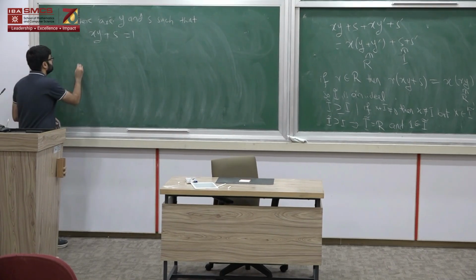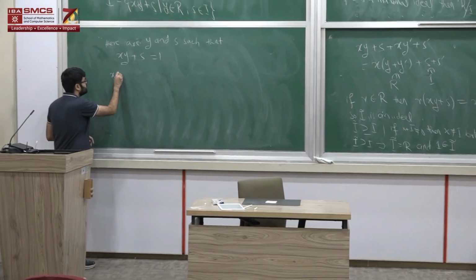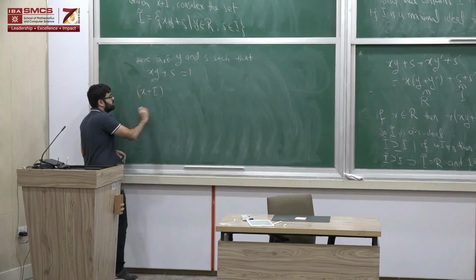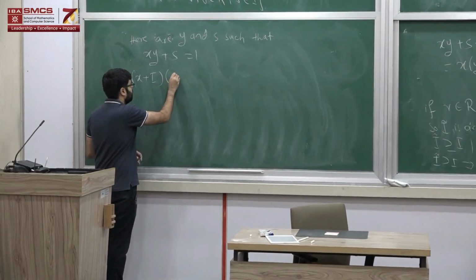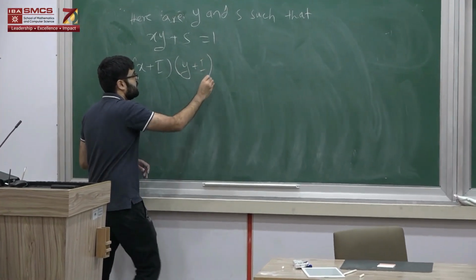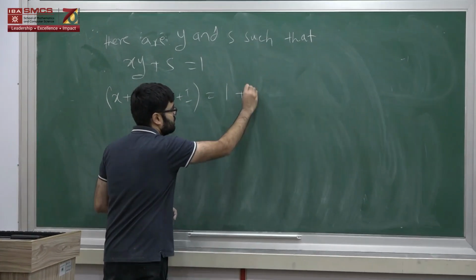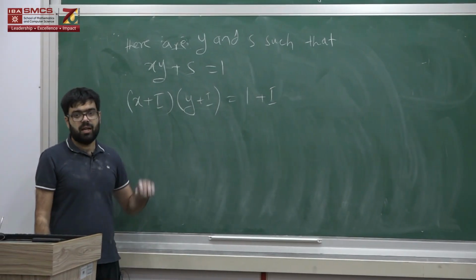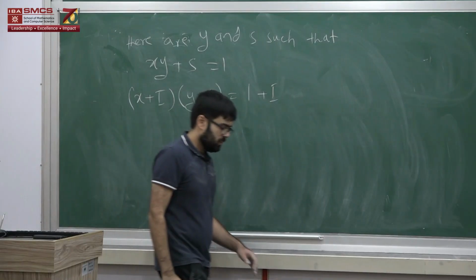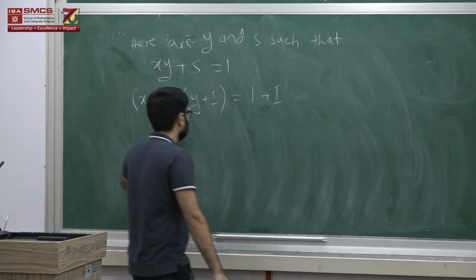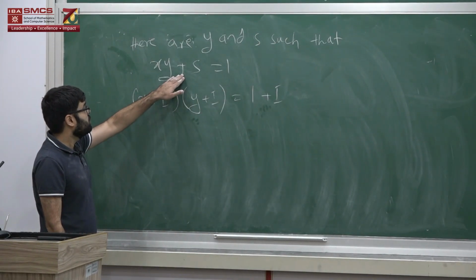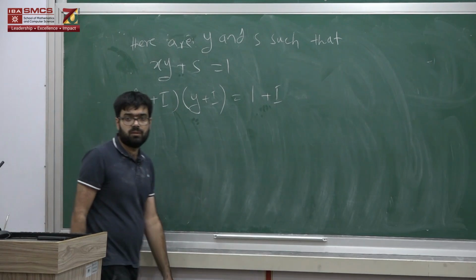So this means x plus I times y plus I is 1 plus I. So I have an identity here. So this y we found this way is the inverse of x.